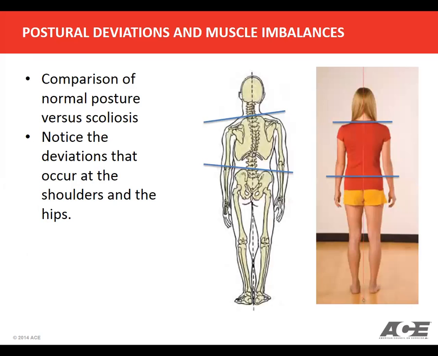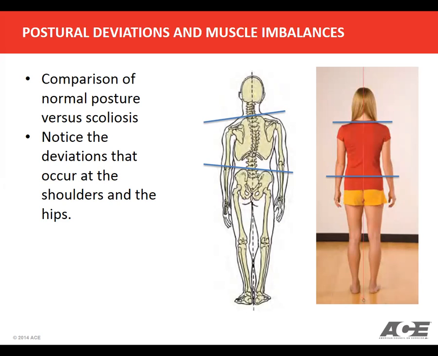All right. And again, what you'll notice with somebody that's got scoliosis is you can see how the shoulders versus the hips are out of line. And again, we'd like to see the picture on the right, where your hips are parallel with your shoulders.